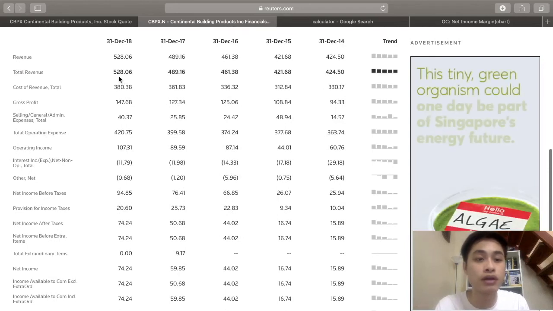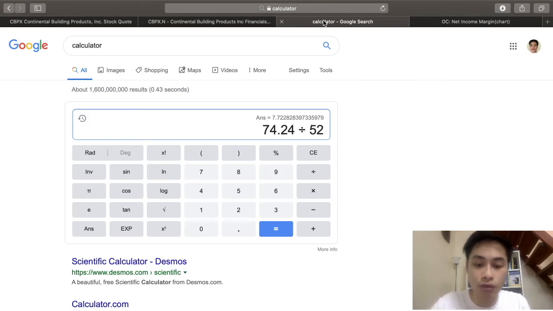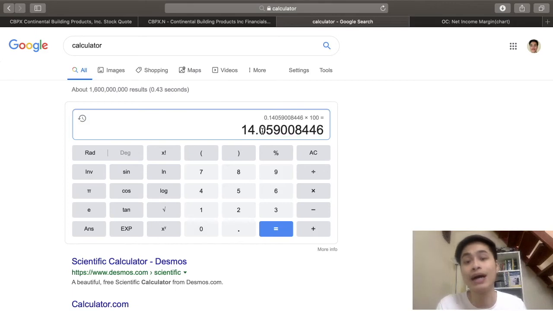The total revenue is 528.06. So 74.24 divided by 528.06, multiplied by 100. So we get 14.1%. In this case, we can see that Continental Building Products has a higher net profit margin compared to Owens Corning.